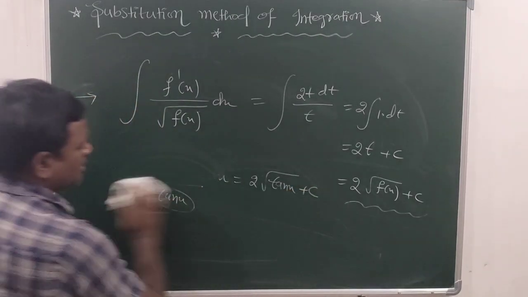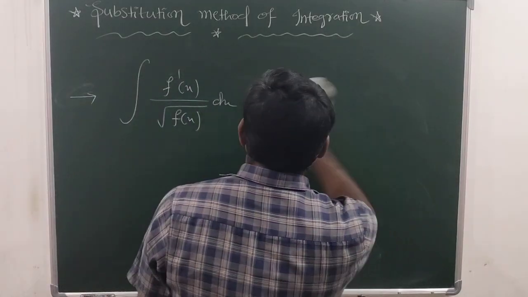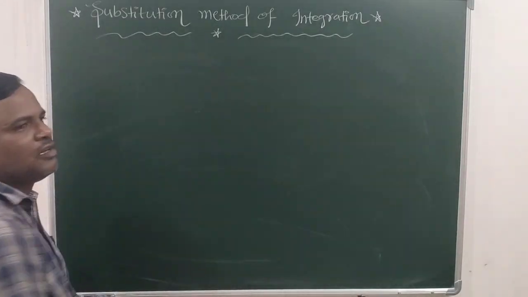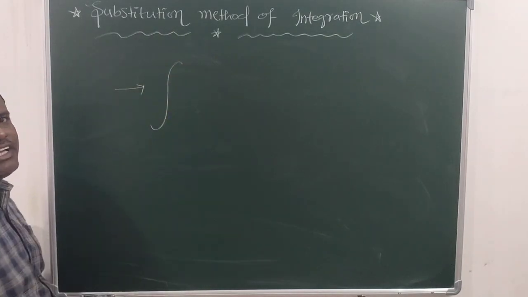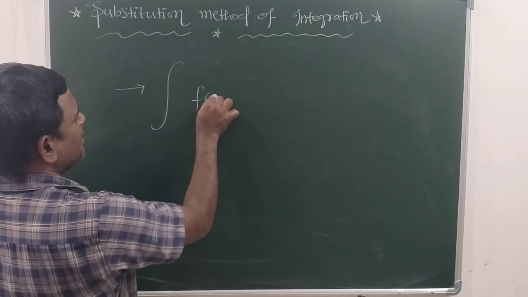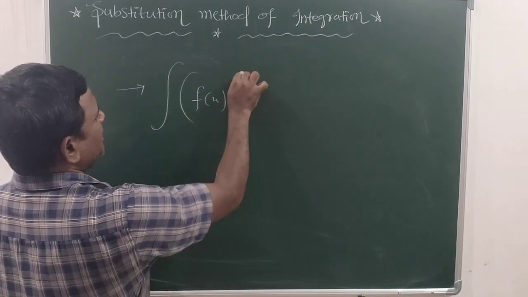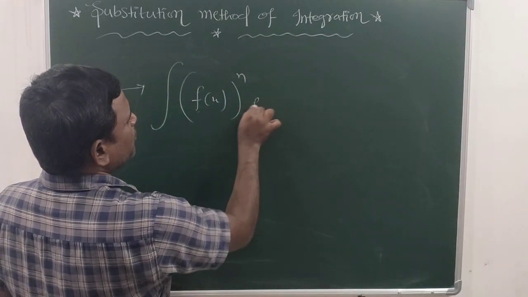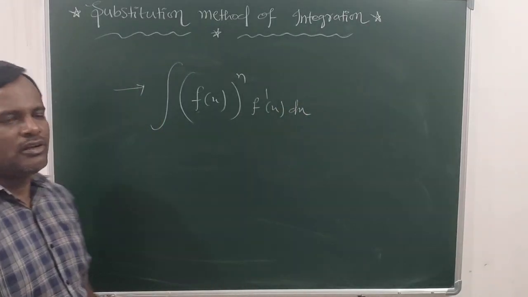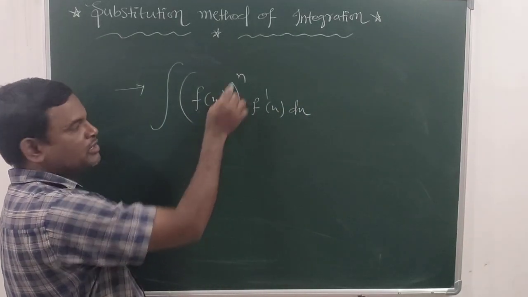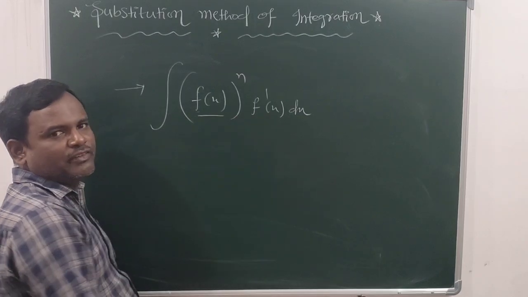Okay. Right. Next, see students. Suppose an integrand is given like this: f of x whole power n into f dash of x dx. Beside f of x whole power n, its derivative is given.